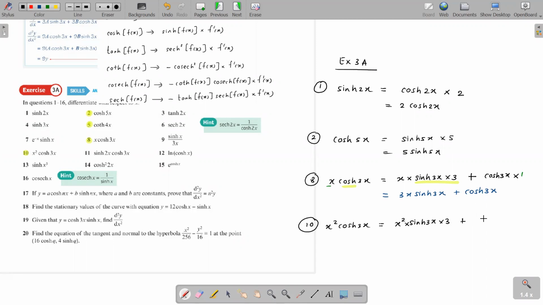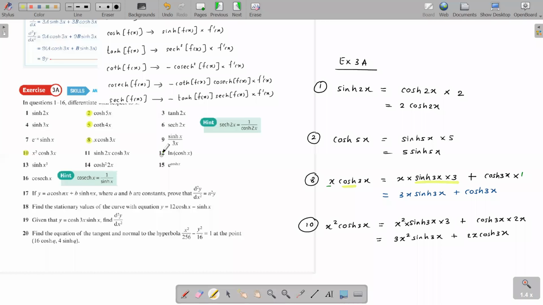Then plus the cos 3x will stay while the x square differentiates, and x square differentiation is 2x. So fix it and write. I get here 3x square sine 3x plus 2x cos 3x.